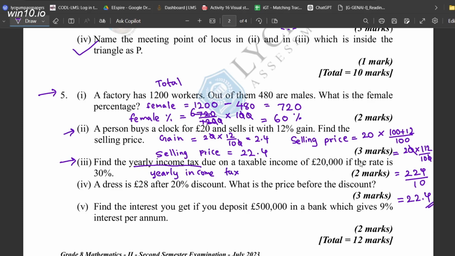We have to get 30% from this 20,000. That's all. 20,000 times 30 over 100. Okay, now this is the 6,000. The 6,000 pounds. That's the yearly income tax.